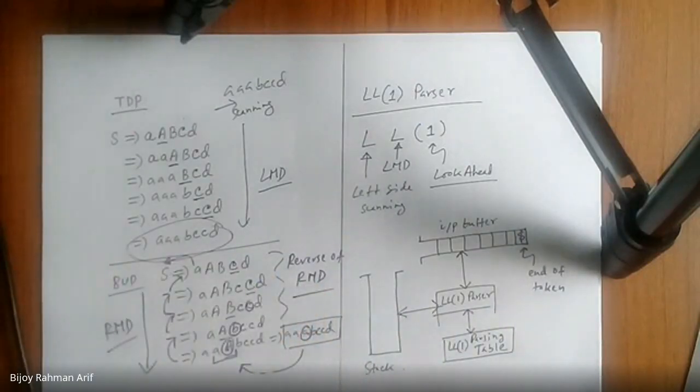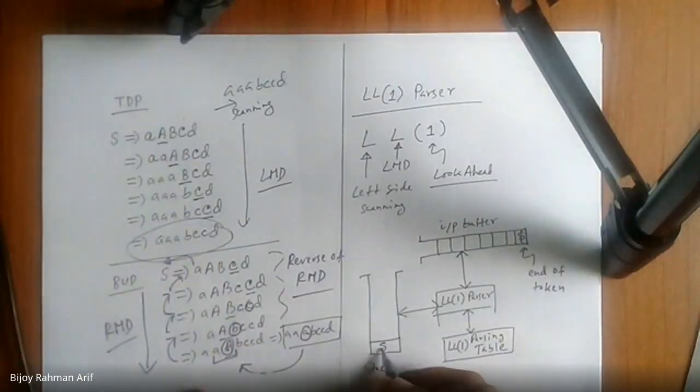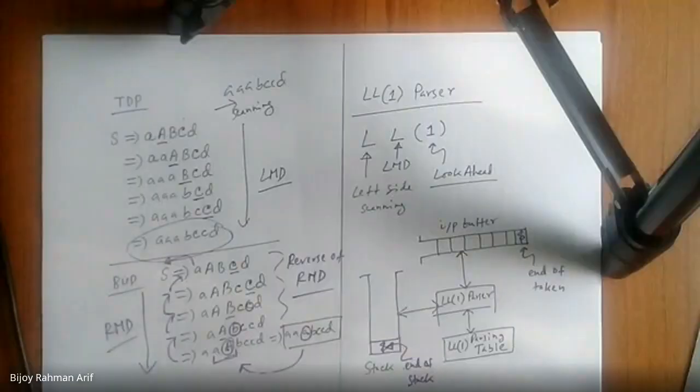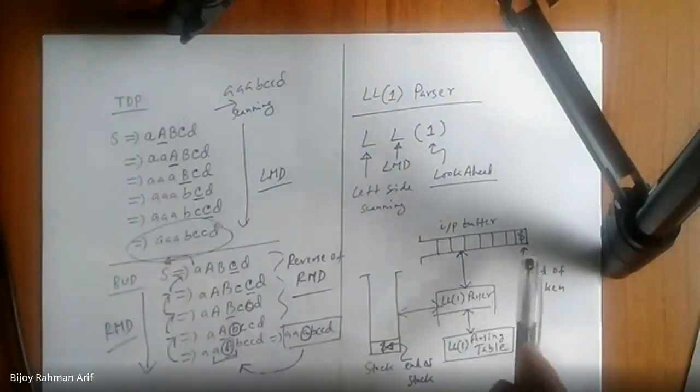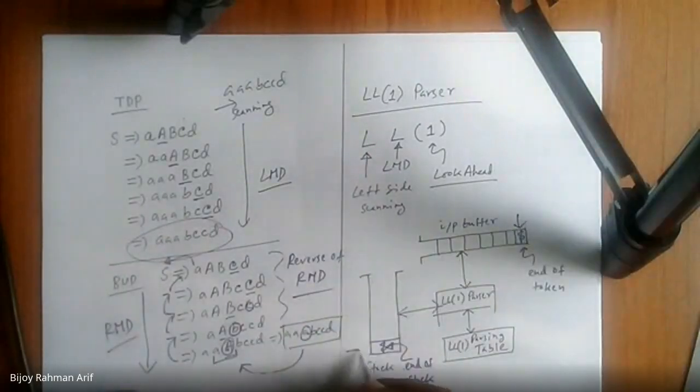Remember another thing: at the bottom of the stack, there will also be a dollar. What does this dollar mean? End of stack. So we can understand that parsing is complete whenever I reach dollar in the input-output buffer and dollar in the stack.